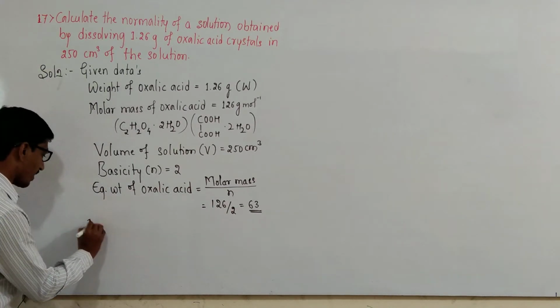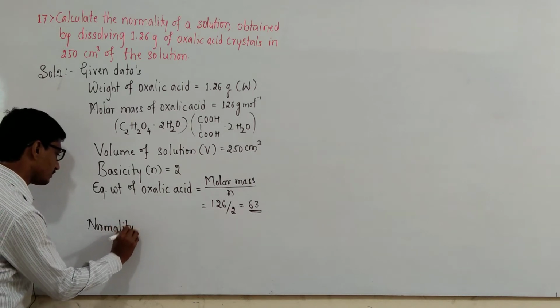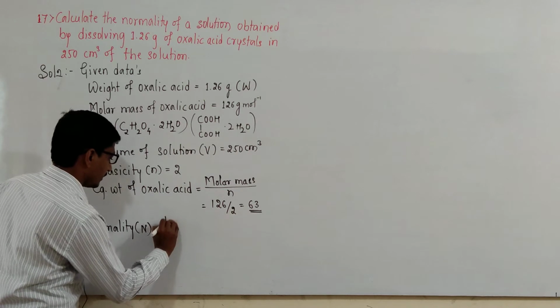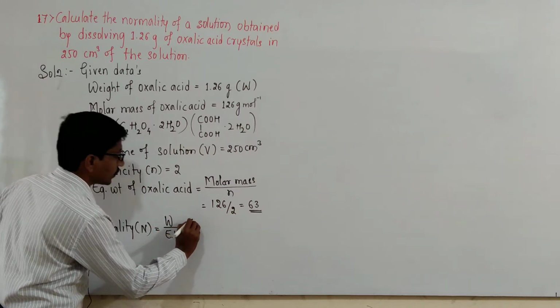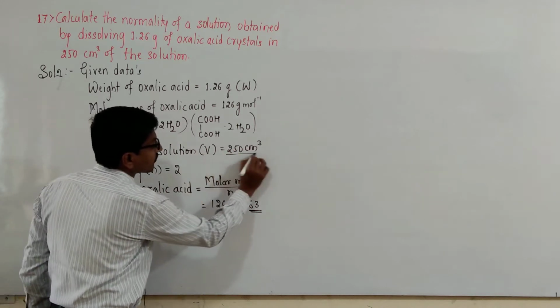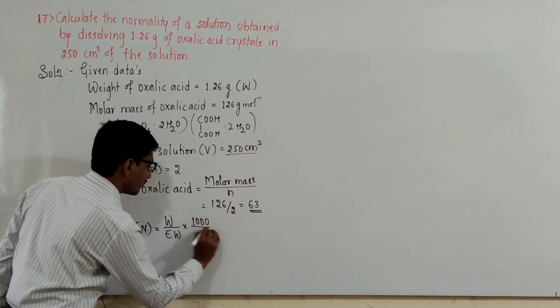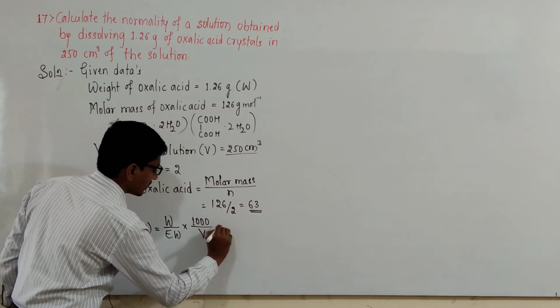Therefore, normality, which is denoted by the symbol capital N, is equal to weight divided by equivalent weight, into 1000 divided by the volume V of the solution in ml or cm cube.